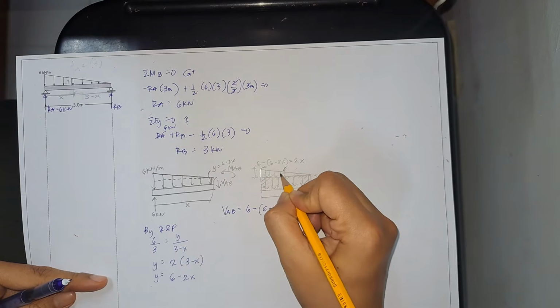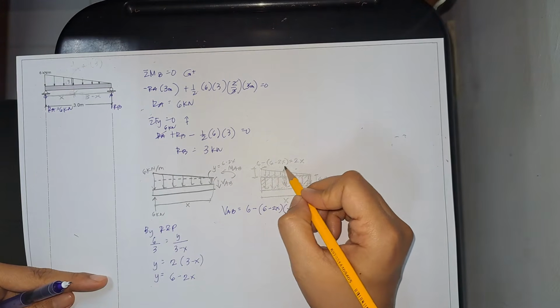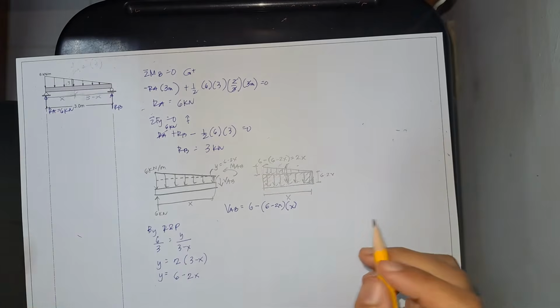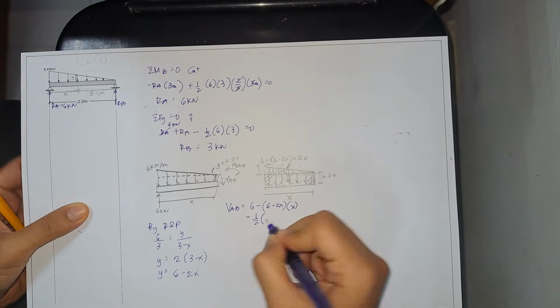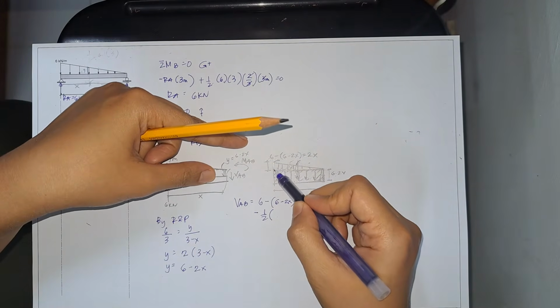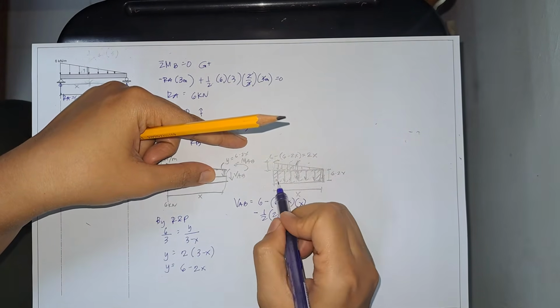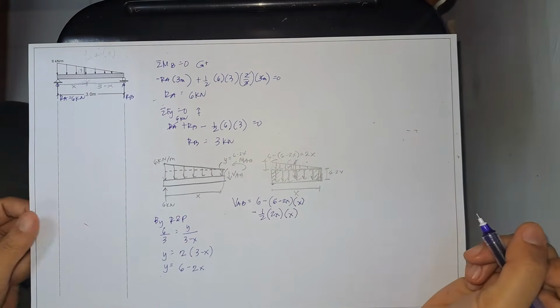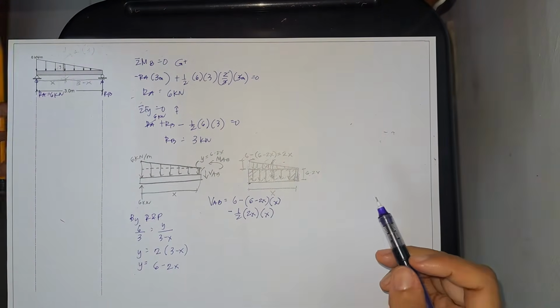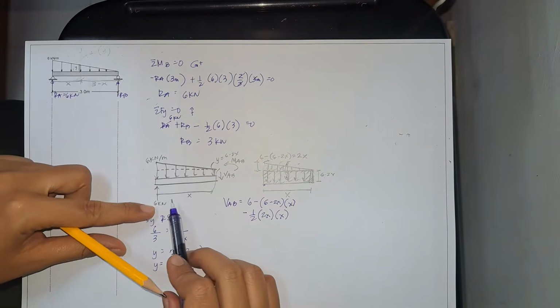So, triangular po siya. Kunin natin yung equivalent na concentrated load. So, the equivalent concentrated load is the area minus 1/2. This one is 2x, and then we have here length of x. Okay? So, just a review, no? We have here 6 kilonewton.